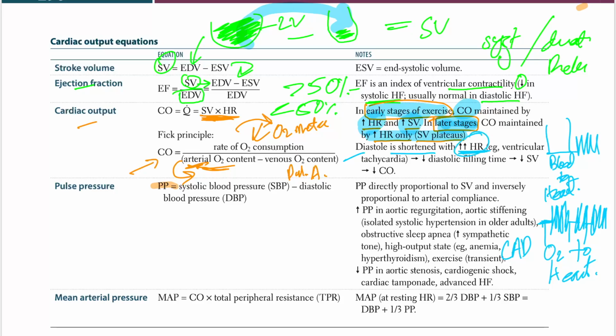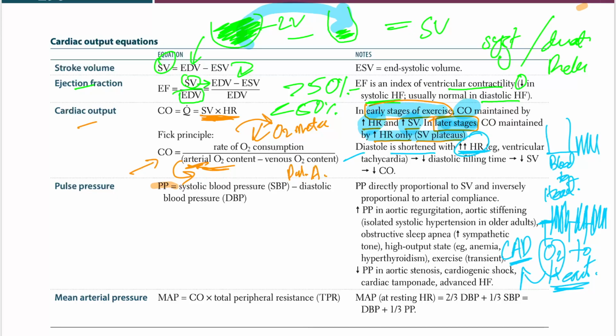So you already have CAD, meaning you already have atherosclerosis there, and you need more oxygen. But at this time, when the heart is contracting a lot harder, a lot more than 100 times, and you have a low O2, you're going to go into ischemia of that heart at that time.